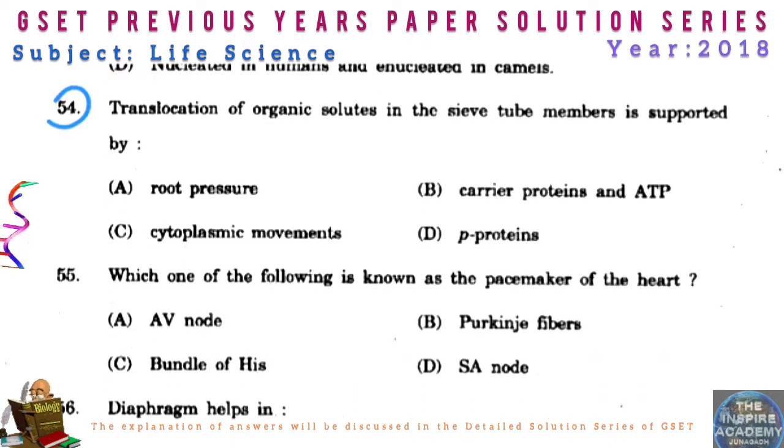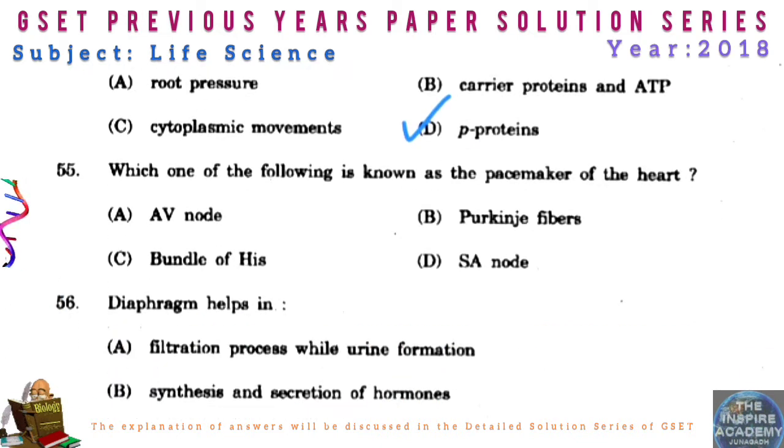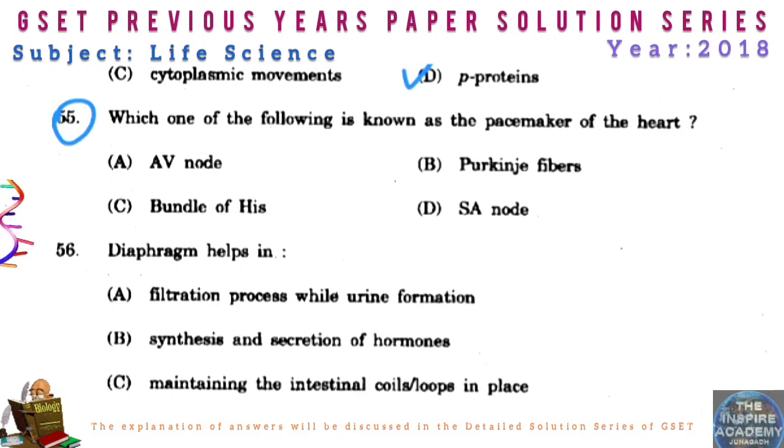Question number 54. Translocation of organic solutes in the sieve tube members is supported by P proteins. Question number 55. Which one of the following is known as the pacemaker of the heart? Sinoatrial node, that is SA node.